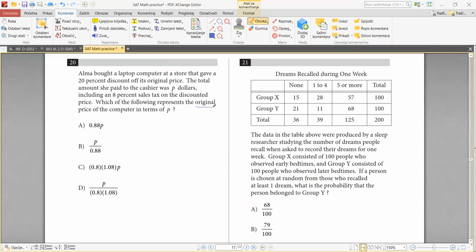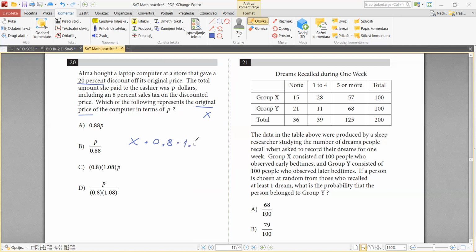So if we mark the original price with X times, because of the 20% discount, will multiply with 0.8. And then she paid extra 8% sales tax on the discounted price.